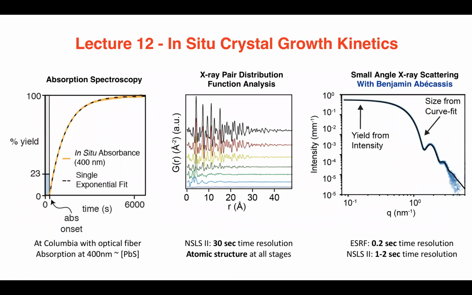So if you take X-ray PDF patterns as a function of time, there's electric data as crystals are growing, and you can see at early times the patterns are kind of broad and there are no long-range coherences. And as the crystals get larger, you see this spiky pattern here.